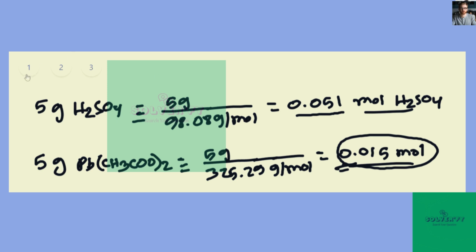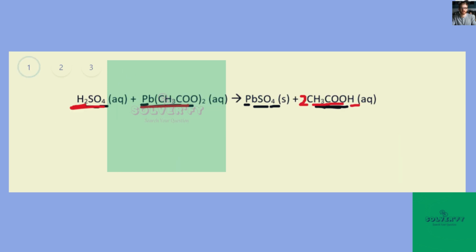And if we write down the initial and final amount of each reactant and product, we will be able to write down how many grams of which reactant and product will remain in the final mixture.